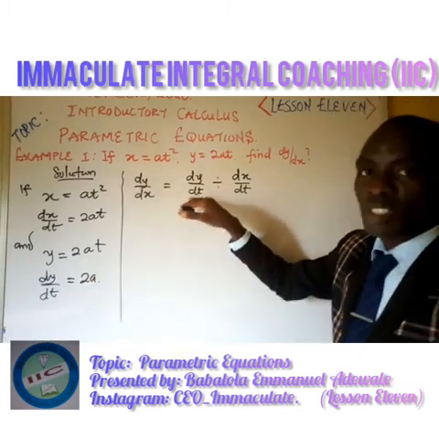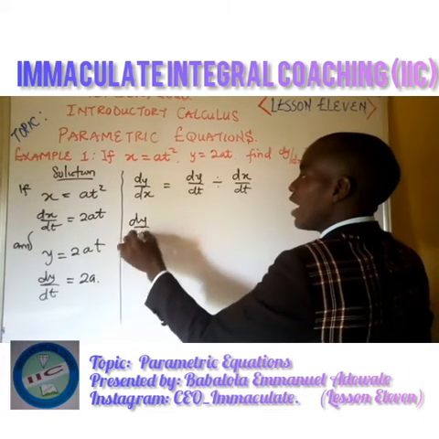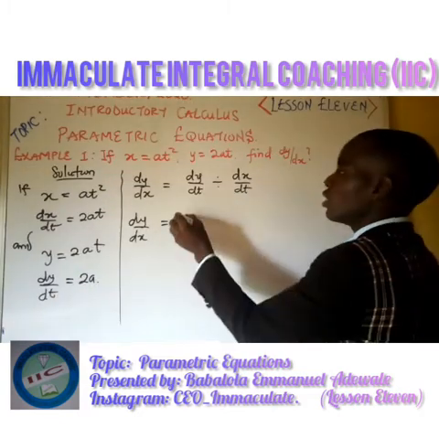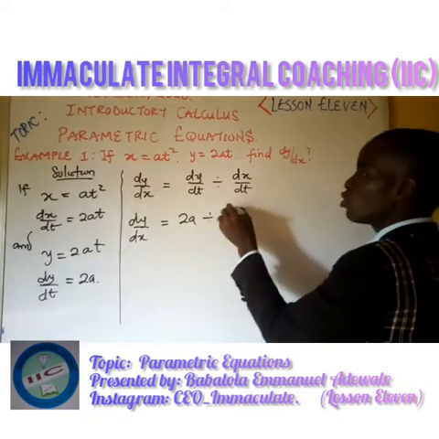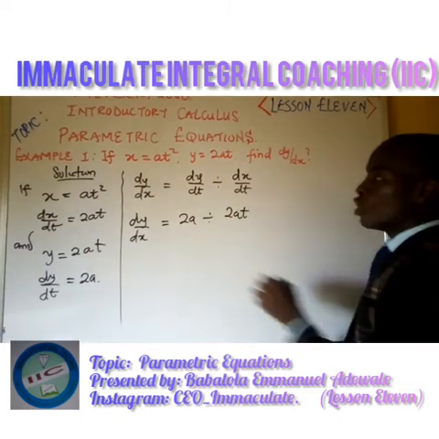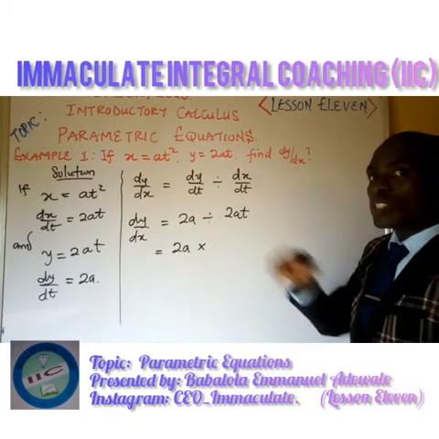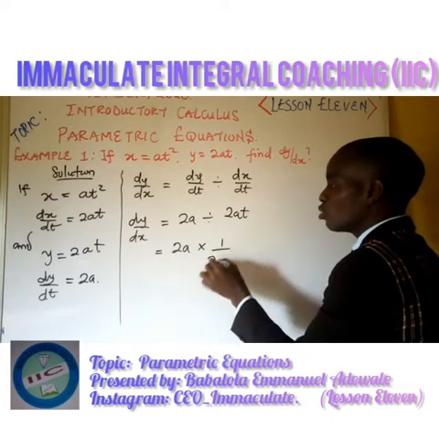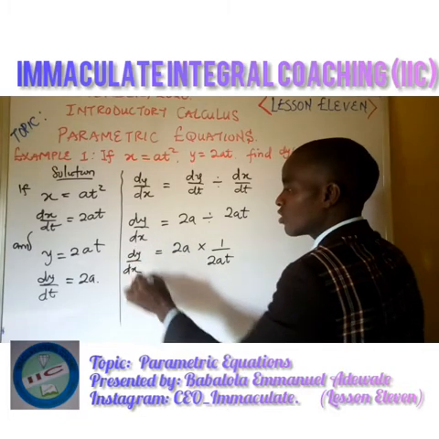We now substitute into this equation, so dy/dx equals dy/dt, which is 2a, divided by dx/dt, which is 2at. When we change division to multiplication, we take the reciprocal, which is 1 over 2at.